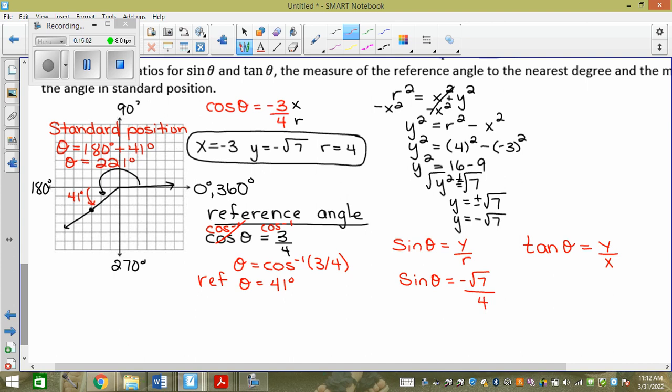My denominator is rationalized. I don't have to do anything. You can have a radical in the numerator, just not in the denominator. And then tan is y over x. Y is negative root 7, and x is negative 3. So they'll write it as root 7 over 3, because negative divided by negative is positive.